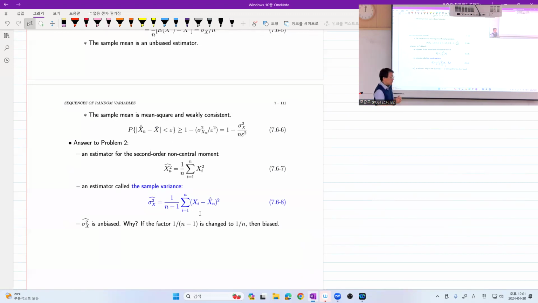By the way, when I was taking the statistics course, a sophomore undergraduate course, one of the final exam problems was to prove that this is unbiased. So I had to take the expectation and manipulate all these things and show that this equals sigma x squared. And I missed it. I gave a wrong answer anyway. And then immediately after the exam ended, one of my classmates asked me, "Hey, Juno, how did you solve it?"